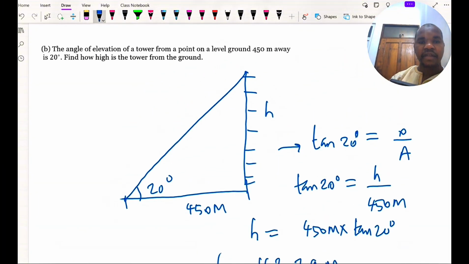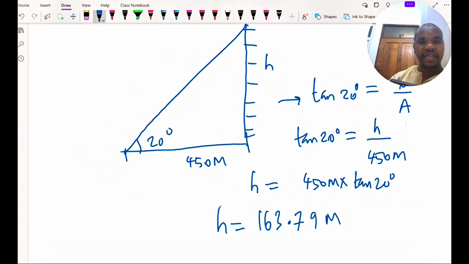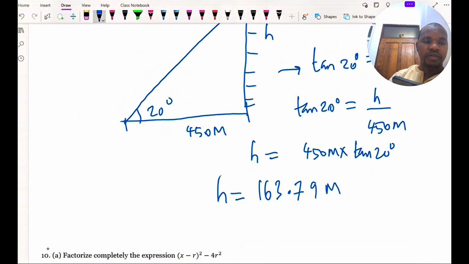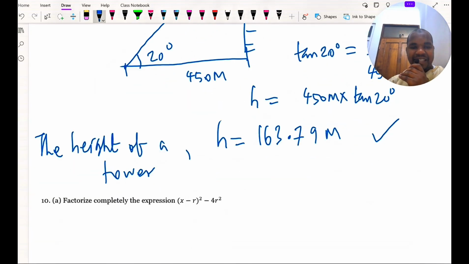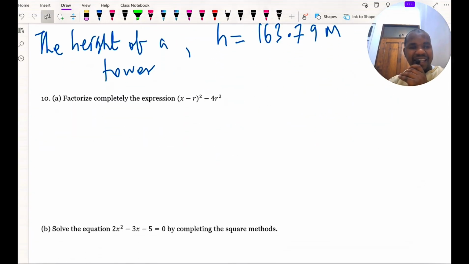So the height of the tower h is 163.79 meters, dear students. And now the next question, 10A and 10B, factorize completely the expression.